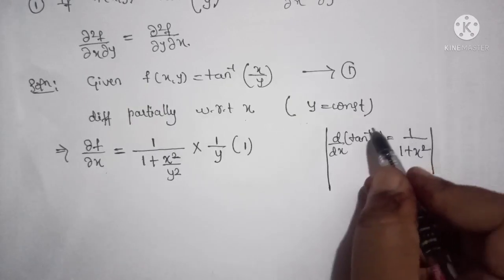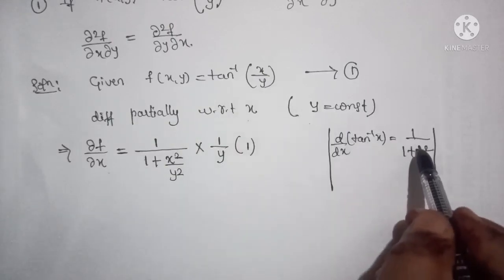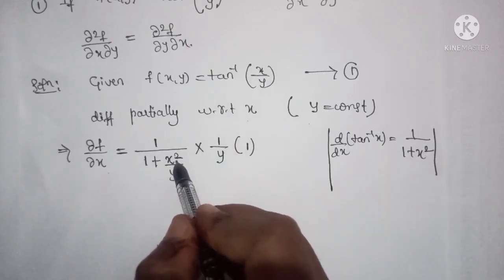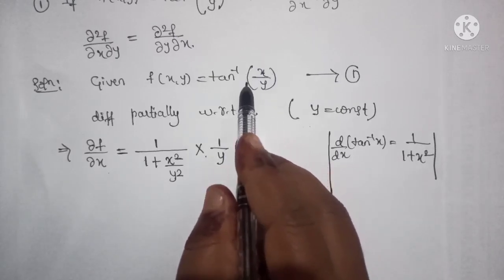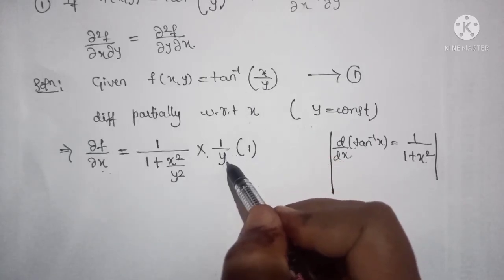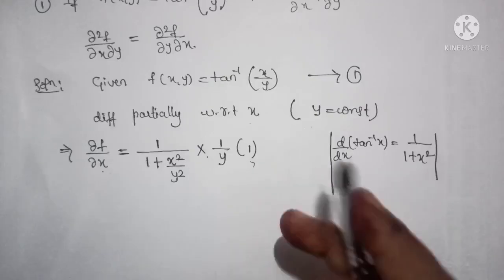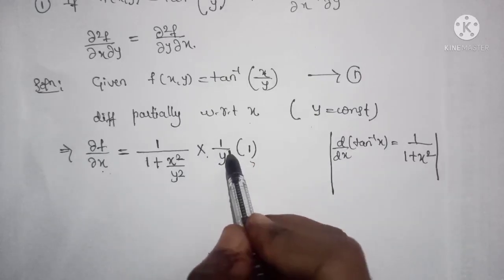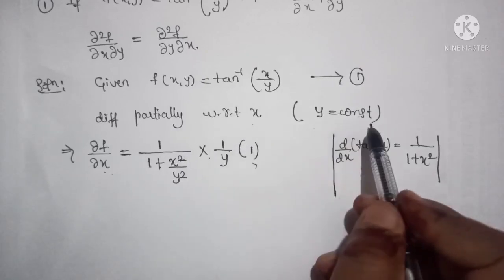Writing in this form, instead of x we have x by y, therefore we get x square divided by y square here, into x by y differentiation with respect to x. So 1 by y being constant, x differentiation is 1. Why is 1 by y constant? Because we are differentiating partially with respect to x, therefore y becomes constant.